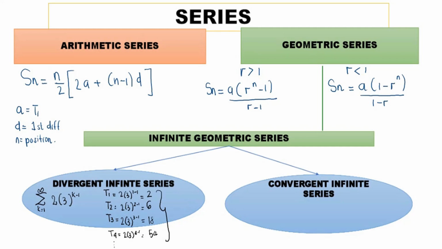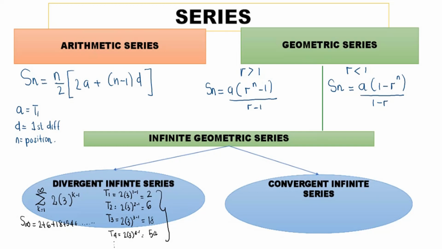So the sum of these terms is going to be 2 plus 6 plus 18 plus 54 plus, and the sum will get bigger and bigger without any end. So when we see that this is happening, then we will know that we are dealing with a divergent infinite geometric series.